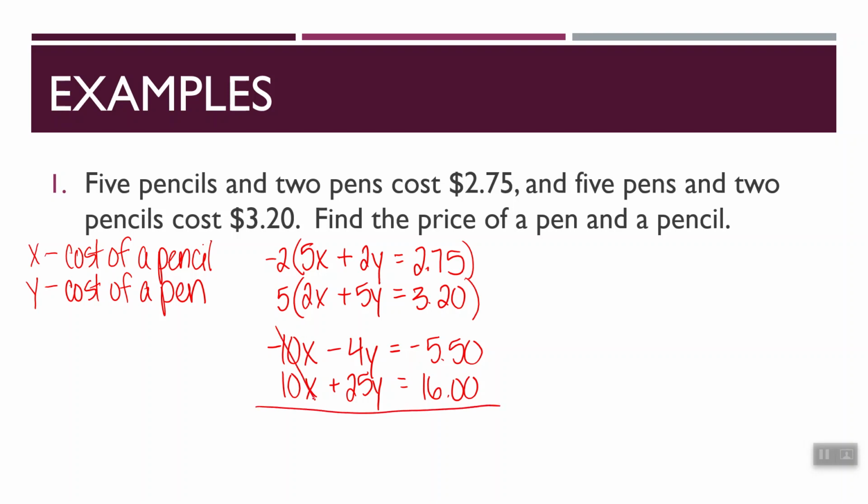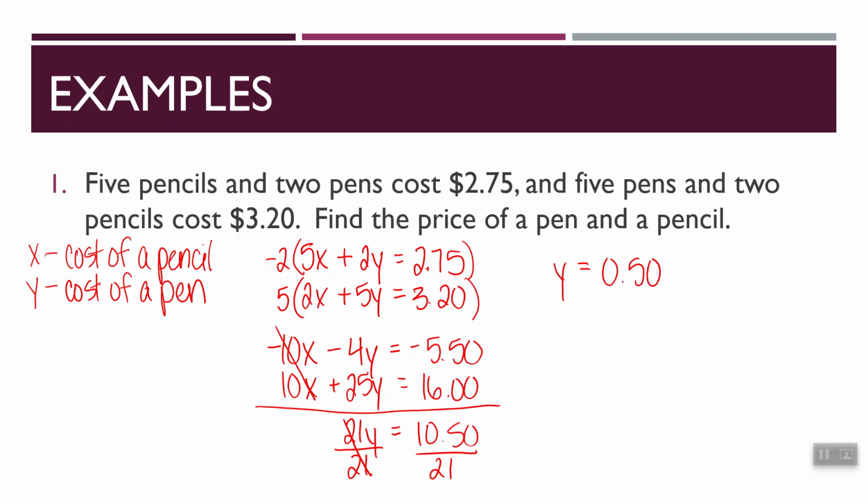Now my x's will eliminate. -4y plus 25y is 21y equals -$5.50 plus $16, which is $10.50. Dividing both sides by 21, we get that y equals 0.50, or 50 cents.